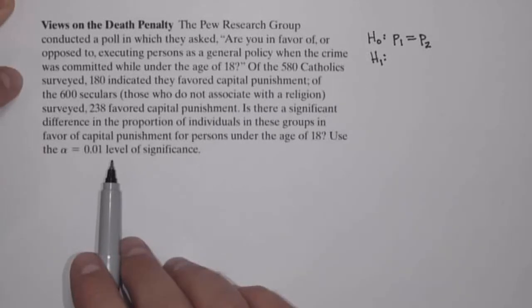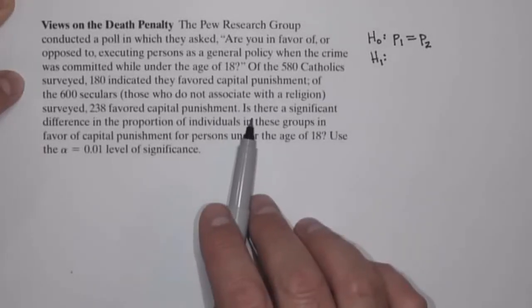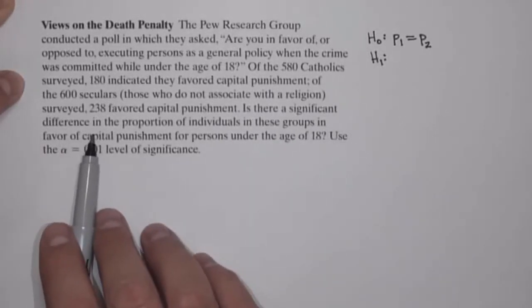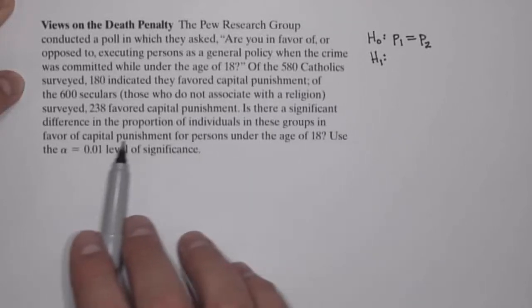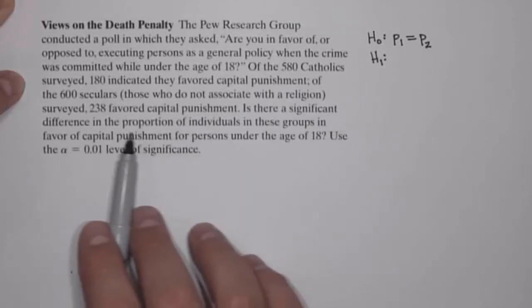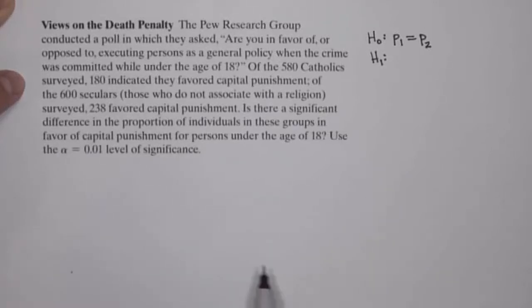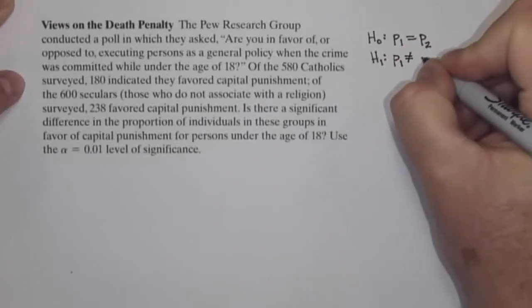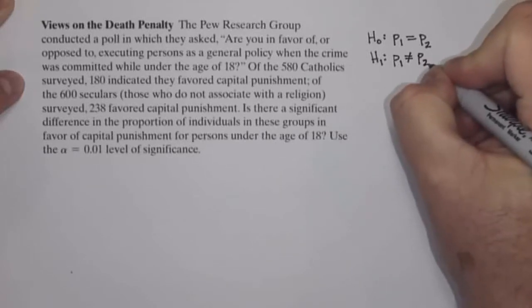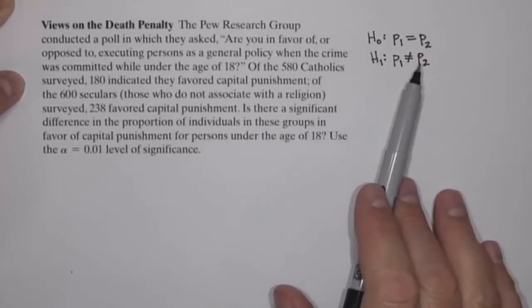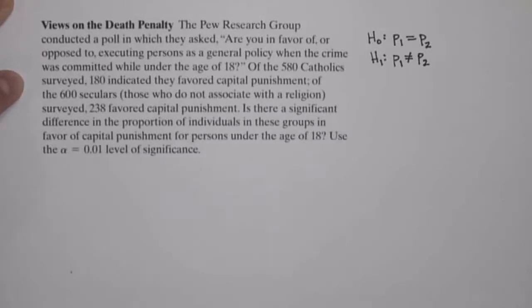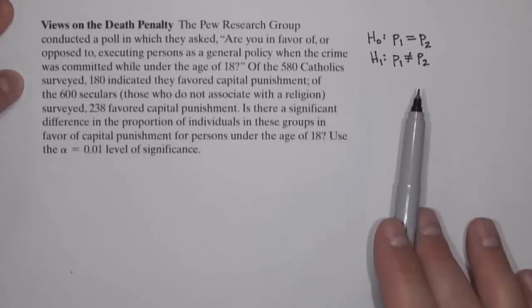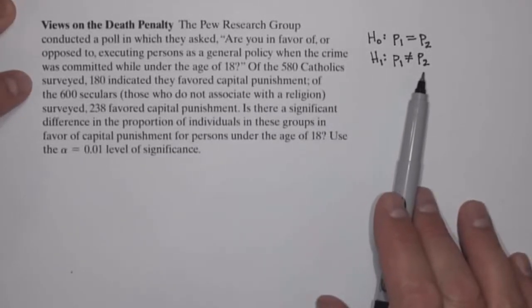For our alternative hypothesis, the question is, is there a significant difference in the proportion of individuals in these groups in favor of capital punishment? So is there a difference is the question. So our alternative hypothesis is going to be that P1 does not equal P2, as opposed to less than or greater than. So this means we're going to have a two-tailed test.